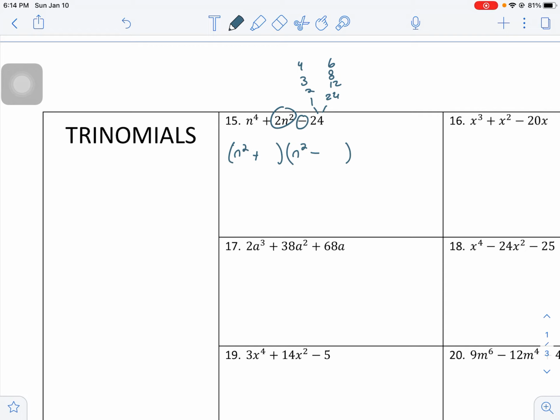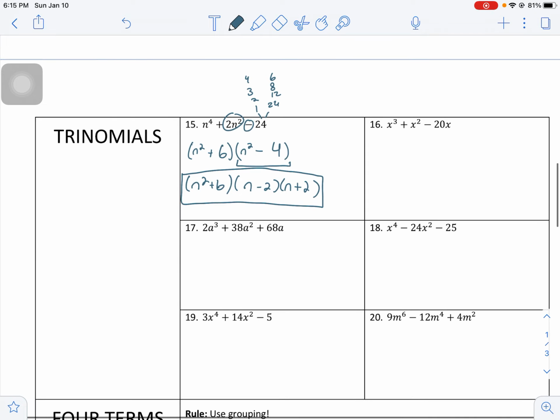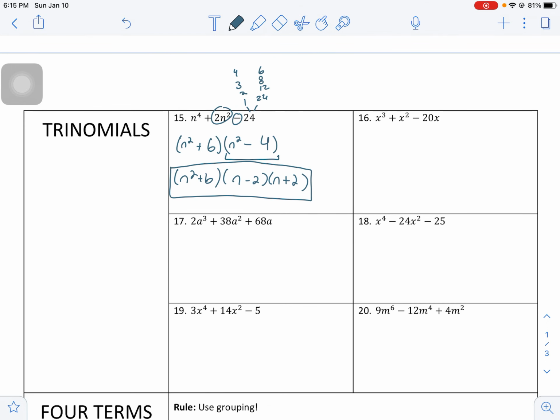And then it looks like a positive 6 and a negative 4 would make positive 2, which is great, right? But now that we've got here, as you can see, a difference of squares pops up. So now we need to go n squared plus 6. Can't factor that, but we can factor into n minus 2, n plus 2. So now we're trinomial factoring very similarly to what we did in the past, but it might have to go a step further.